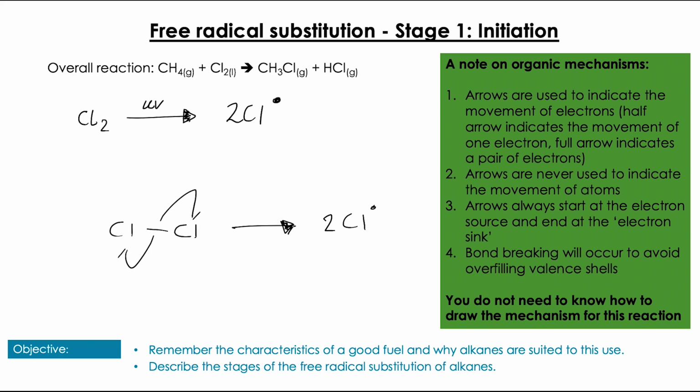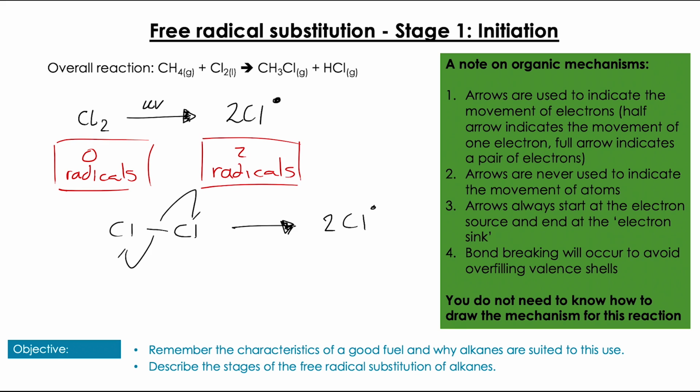That is going from 0 radicals on the left-hand side of our reaction to 2 radicals on the right-hand side of the reaction. And it's important you take note of this because we're initiating. We're going from 0 to 2 free radicals. An initiation is always going to be characterized by this breaking of the halogen covalent bond into 2 halogen free radicals.